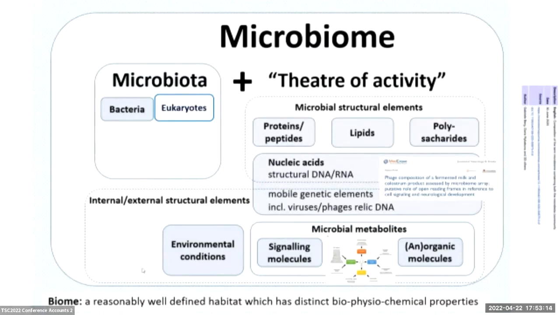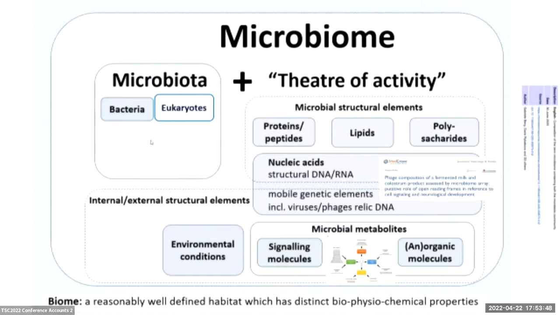So, for example, let's say you want to buy a probiotic. You go to your local grocery store and you buy 5-6 strains of bifidobacterium, lactobacillus, streptococcus. And those are the bacteria. You can also buy yeast, of course. But a microbiome is a complete, entire ecosystem where you have the microbes plus their theater of activity, which includes proteins, peptides, polysaccharides, but also phages, also plasmids, and also all the microbial metabolites that are produced by the microbes.